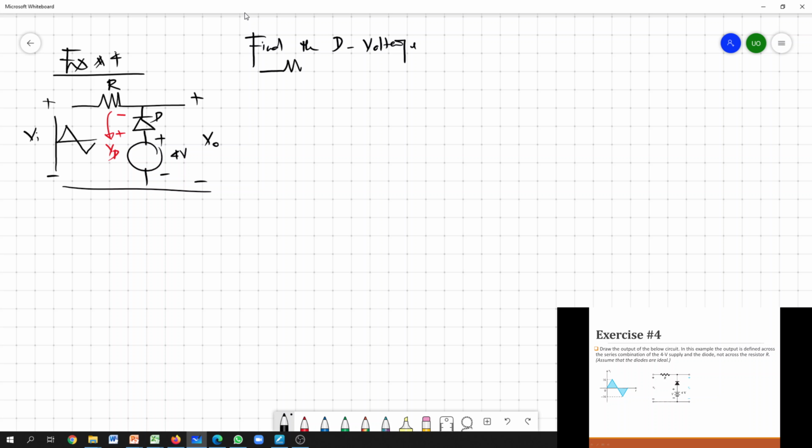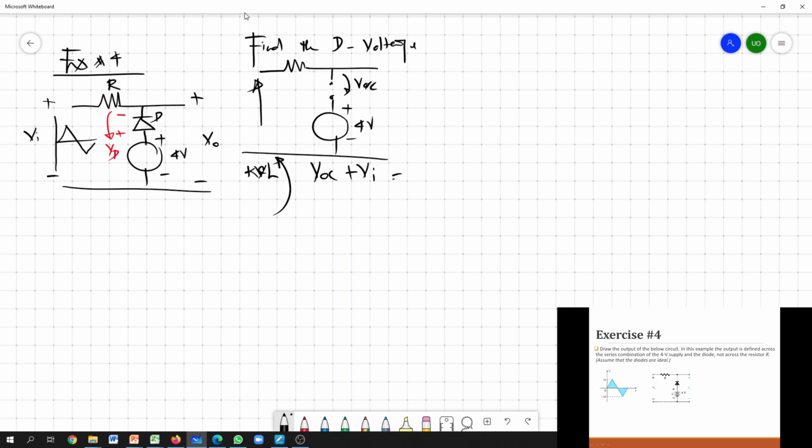We'll remove this diode for the moment and try to find the open circuit voltage. By applying Kirchhoff's voltage law, we can simply say that VOC plus Vi, this is your input, should equal 4 volt.